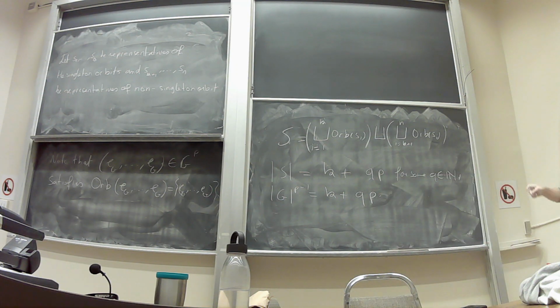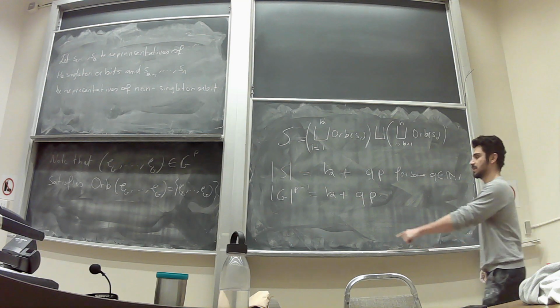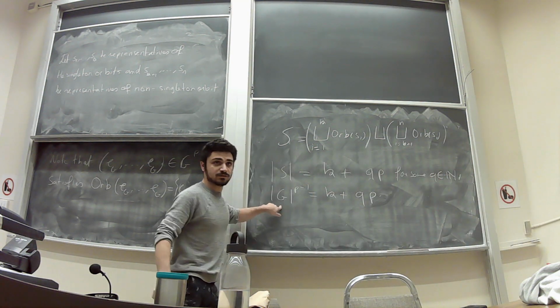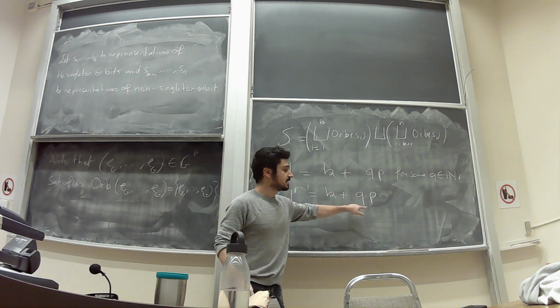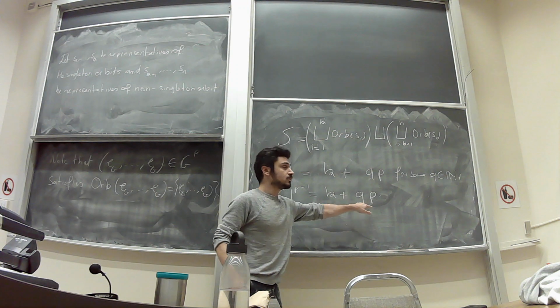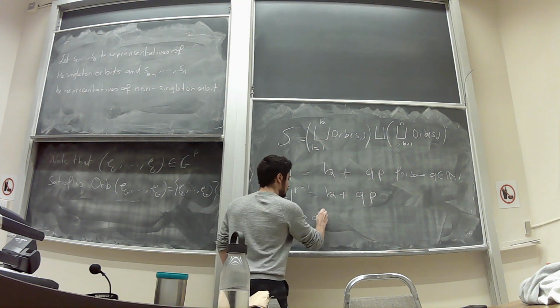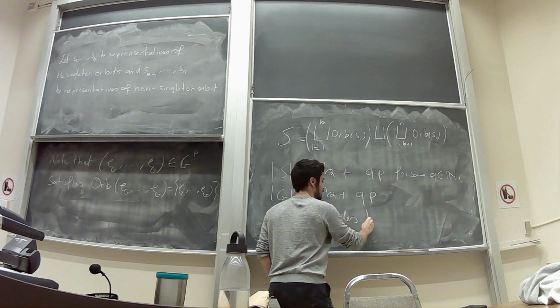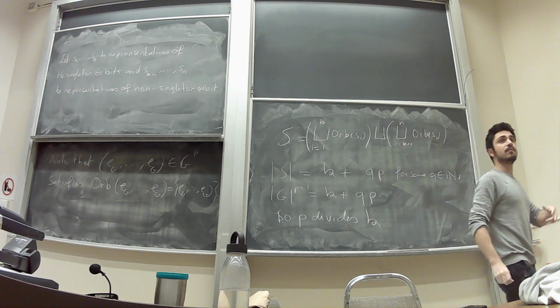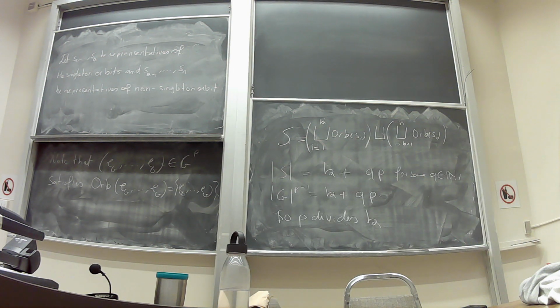Now p divides this side because p divides the number of elements of G, and p divides this side. So p will divide k. So p divides the number of singleton orbits.